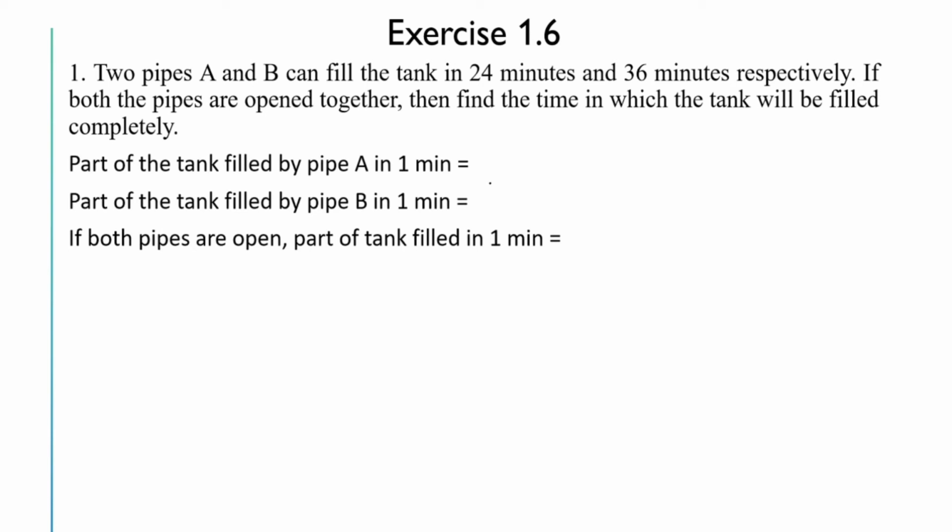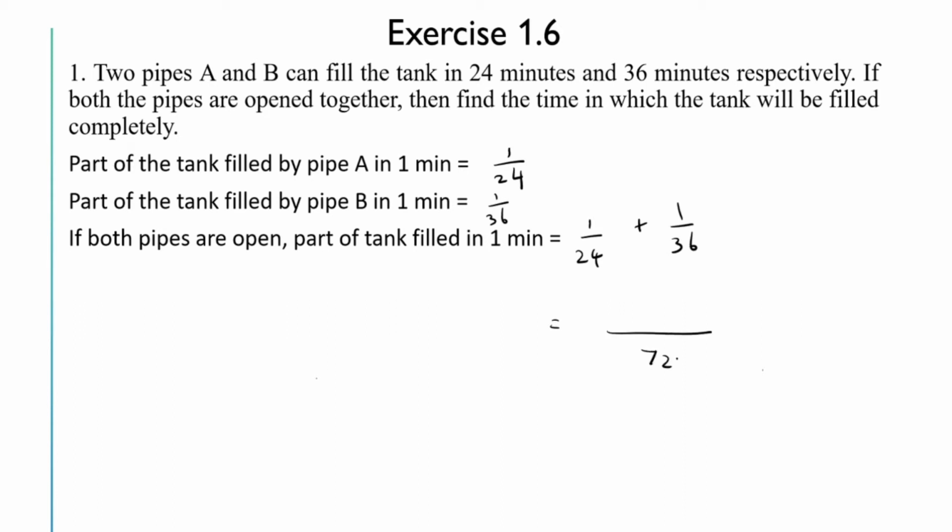So from here we have the part of the tank filled by pipe A in 1 minute will be 1 by 24. The part of the tank filled by pipe B in 1 minute will be 1 by 36. So, if both pipes are open, then the part of the tank filled in 1 minute will be 1 by 24 plus 1 by 36.